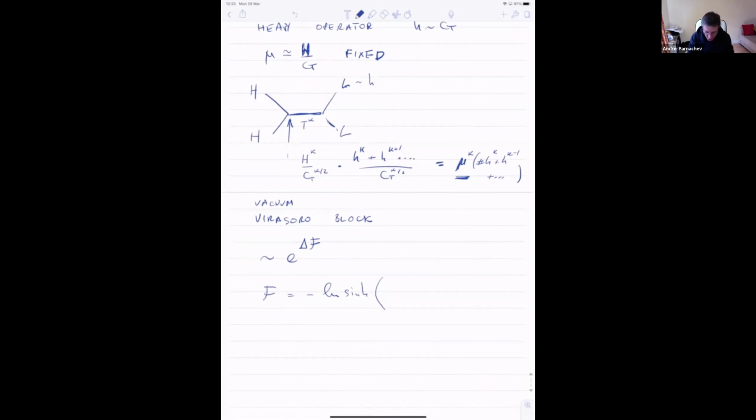In what I'm going to do, I'm going to consider the correlator where, so this 4-point function, all these operators have positions, and I'll consider a correlator on a cylinder.